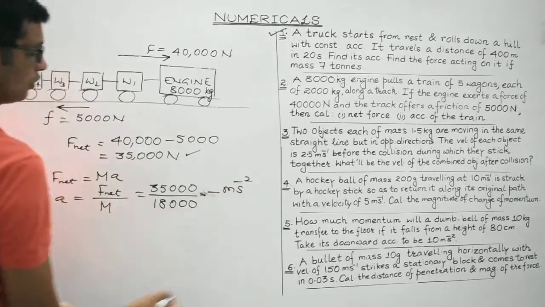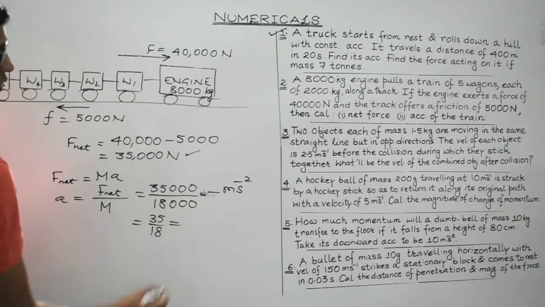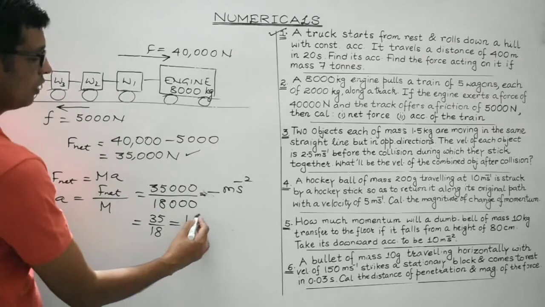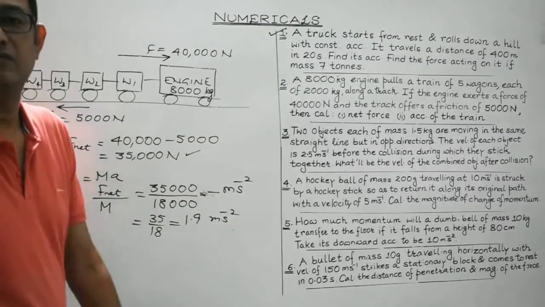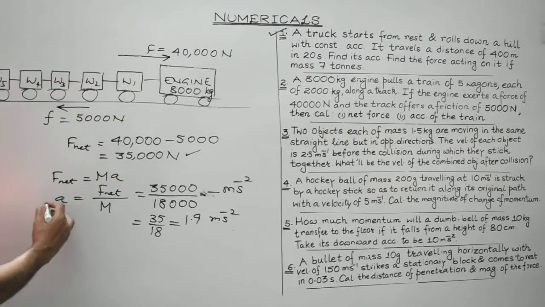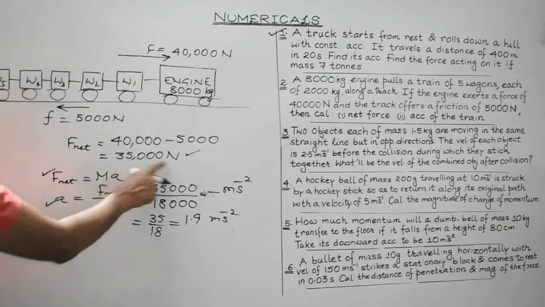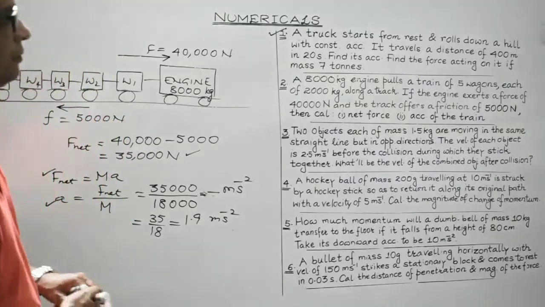So you can easily solve it. So it will be equal to 35 by 18, which comes out to be about 1.9 something meter per second square. Is it clear, students? So that's the acceleration and this is the net force acting on the train. Right? It was quite simple.